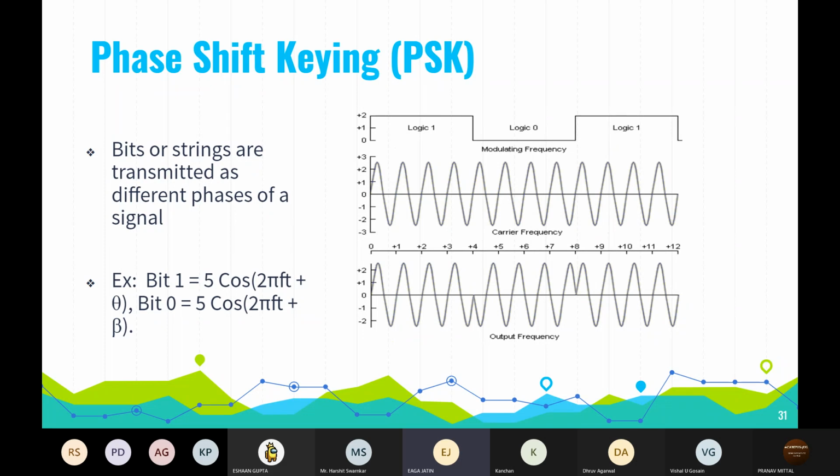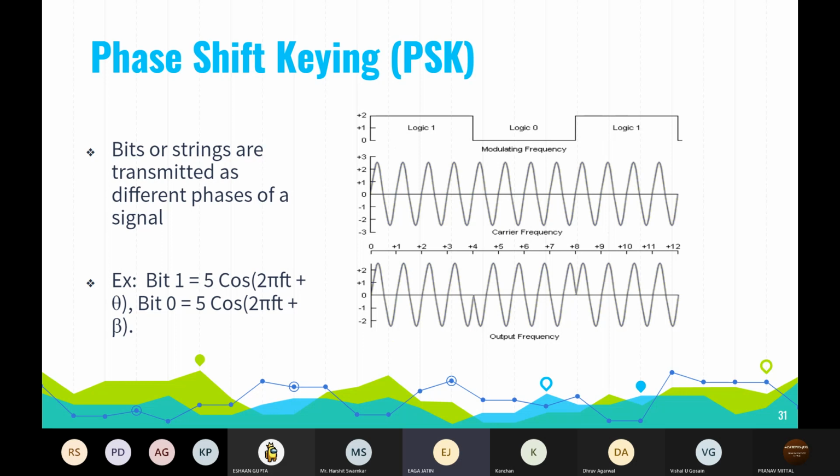So let's understand the concept with the help of this waveform. Here we have this digital input 1, 0, and 1, and this is the carrier wave, analog in nature. Now we want to perform phase shift keying. We vary the phase of the carrier wave according to the digital input signal.